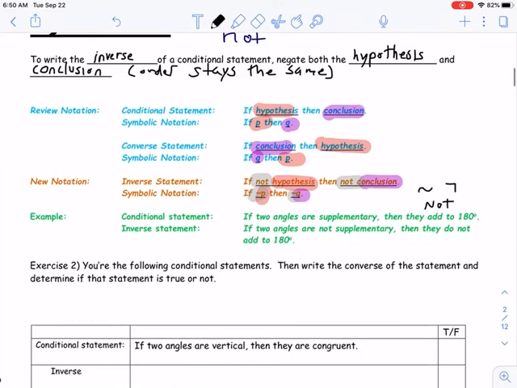Alright, so here's an example. If two angles are supplementary, then they add to 180 degrees. For fun, we already said, well, that's true. We know that to be true. Inverse statement, if two angles are not supplementary, then they do not add to 180 degrees. Well, that's also true. Supplementary angles add up to 180 degrees, so if they're not, they're going to add to some kind of other number.